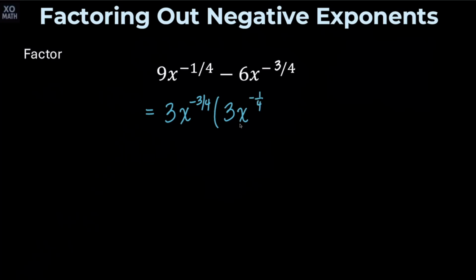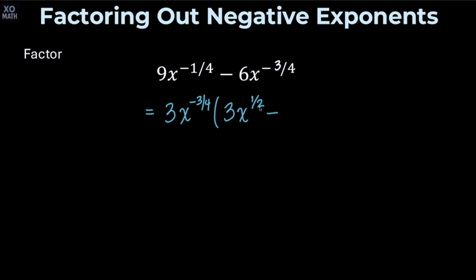And if we factor out negative 3/4, we're going to subtract negative 3/4. Well, remember, we're going to add the opposite there. So negative 1/4 plus 3/4, or 3/4 minus 1/4, is 2/4. And 2 over 4 is 1/2. So my new exponent here for x is positive 1/2.